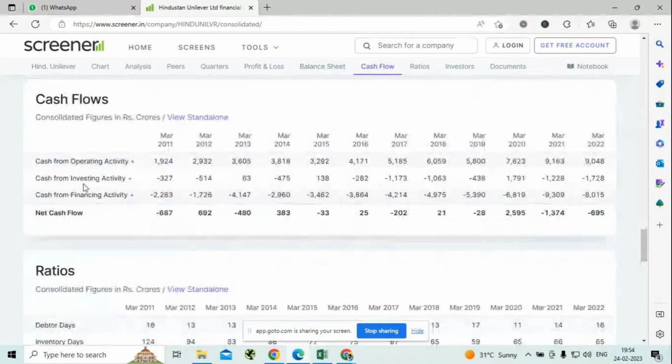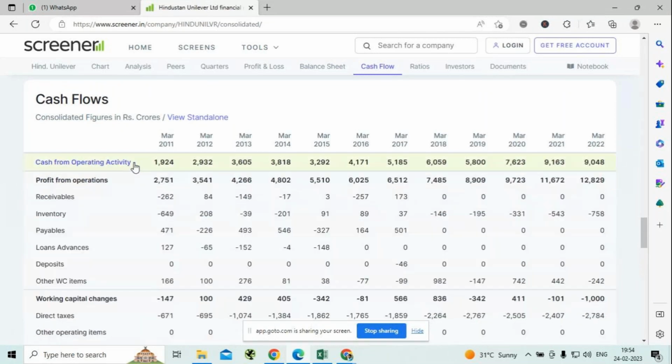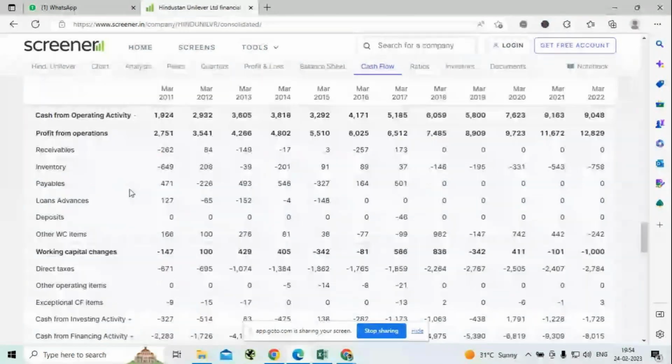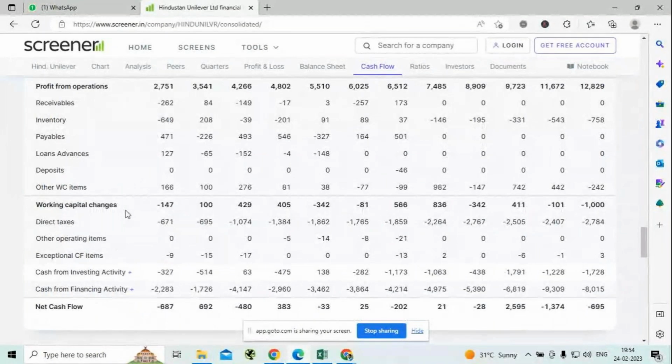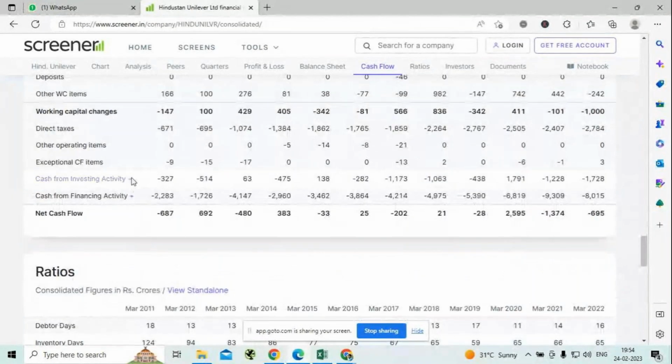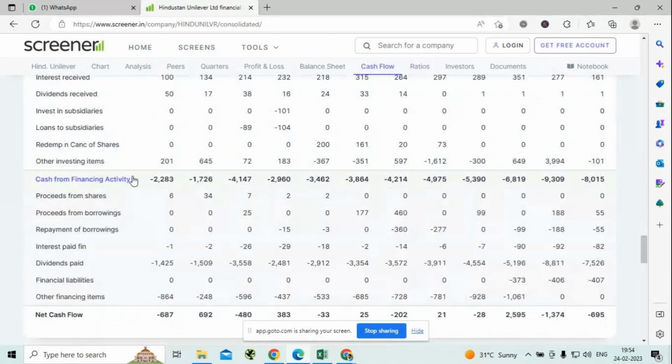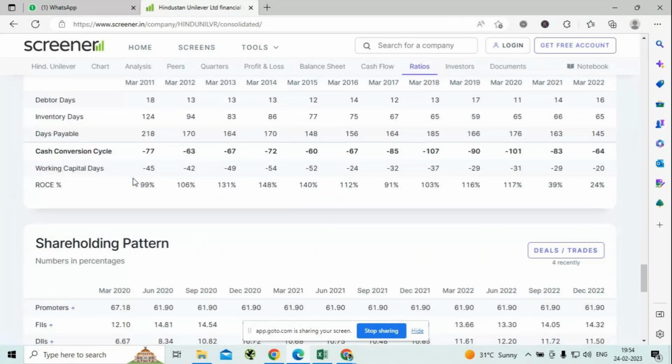You can see your CFO, CFI, CFF. You can click on the plus mark to get all these values. You can refer to these values and try to calculate, and prepare your own data, which will help you understand more and more with live data.